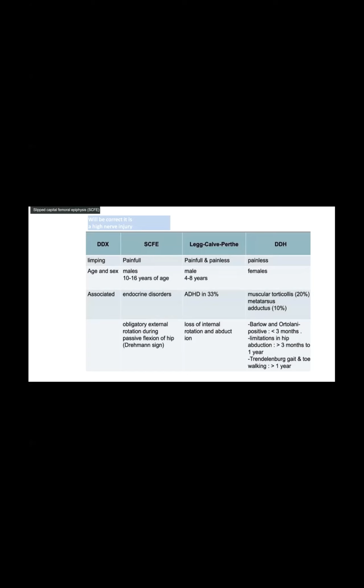These are the important ones. Shortly, we have to remember DDH is painless. Slipped capital femoral epiphysis and Legg-Calvé-Perthes are painful, but hip dysplasia is not painful. Another point is that the tests are positive if below 3 months, and limitation of abduction if more than 3 months. That's it.